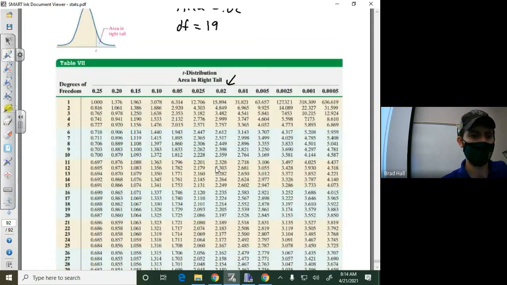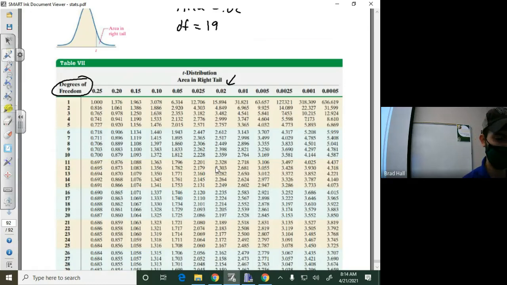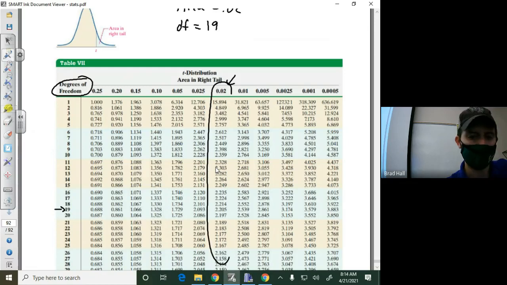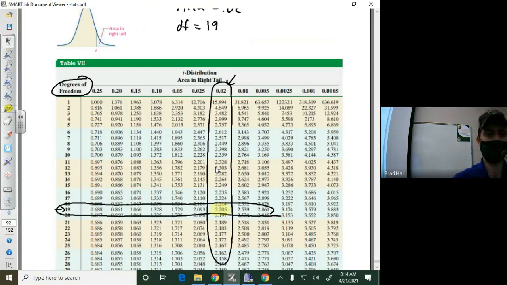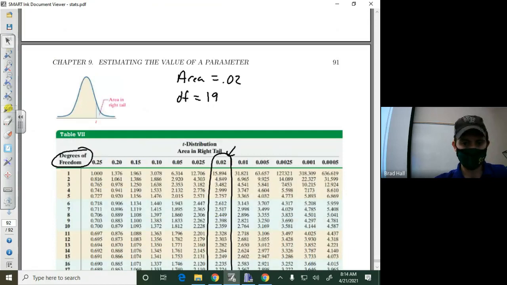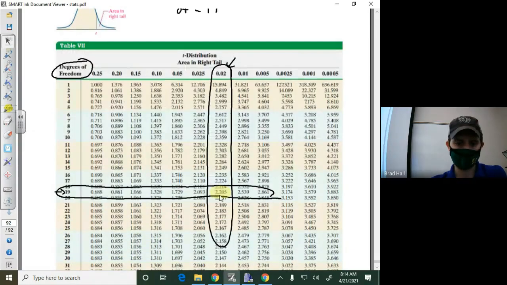The degrees of freedom, you can see over here, we just go down to 19. Here's 0.02, 19 is here, and we get 2.205. And that's it. That's how you use the table.